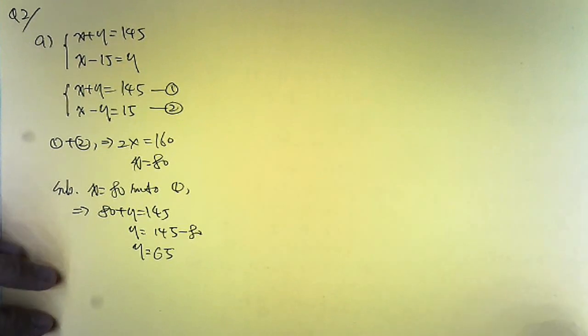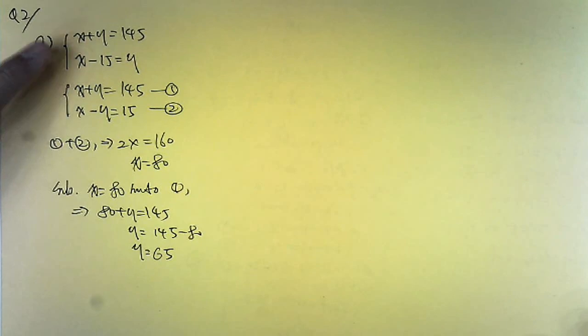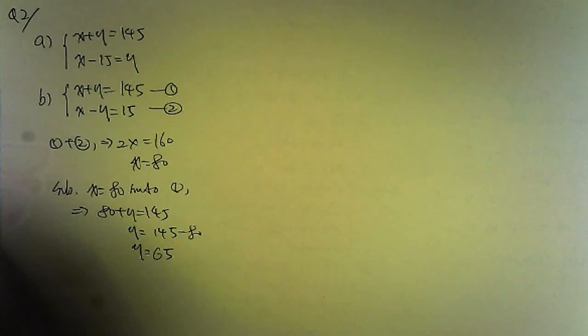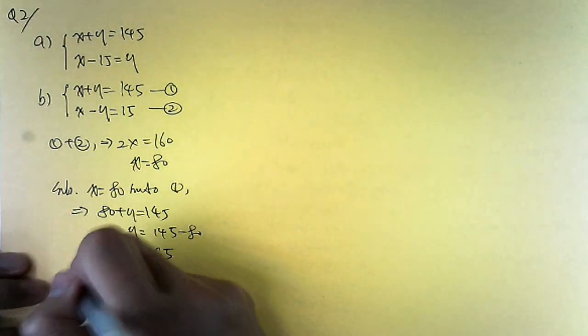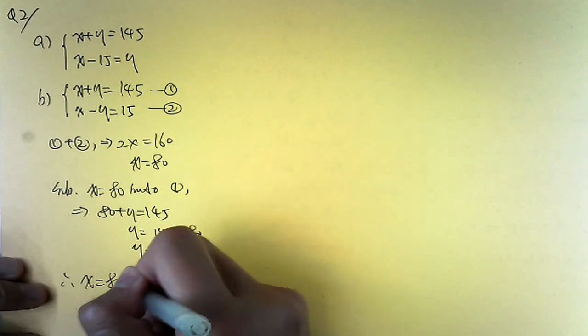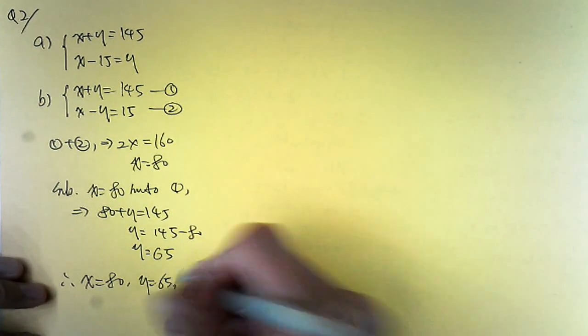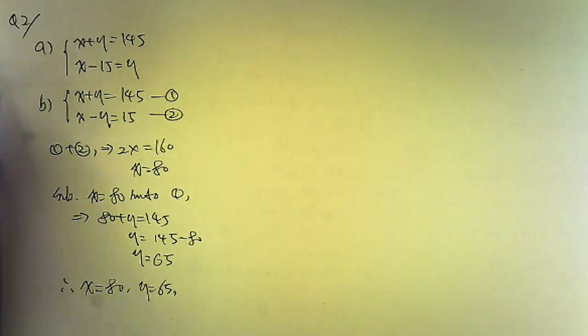Understand? This is actually part A, and this is part B. You solve X and Y, so you make a conclusion. Understand? So it's quite easy.